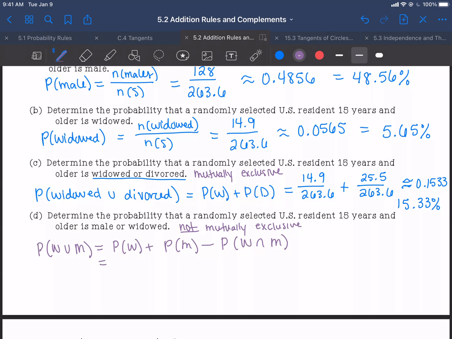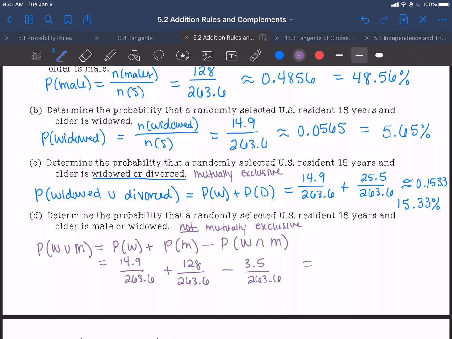So probability of being a widow would be 14.9 out of the 263.6, plus the probability of being a male would be 128 out of the 263.6, and then minus those that are widowed males would be 3.5 out of the 263.6.